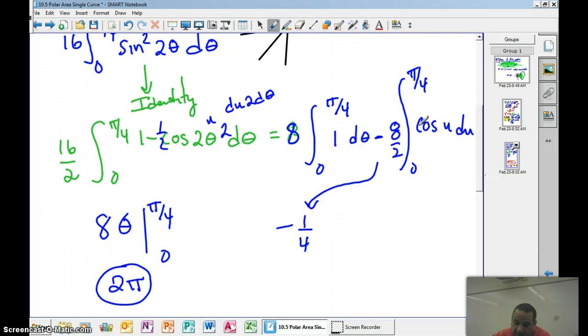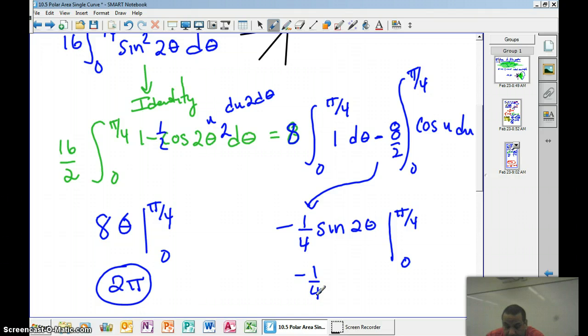The integral of cosine is sine. We'll put back the 2 theta. And now we'll evaluate it at pi over 4 and 0. So when I evaluate it at pi over 4, it's the sine of pi over 2, which is 1. 1 times negative 1/4 is negative 1/4, I believe.